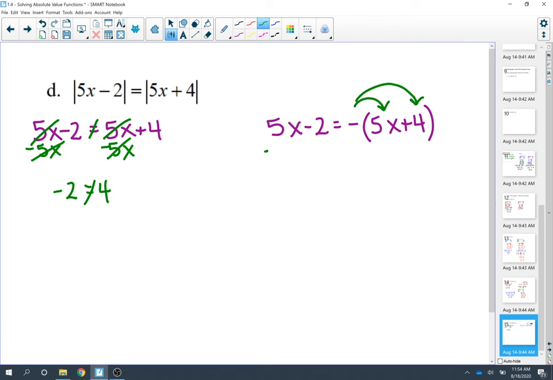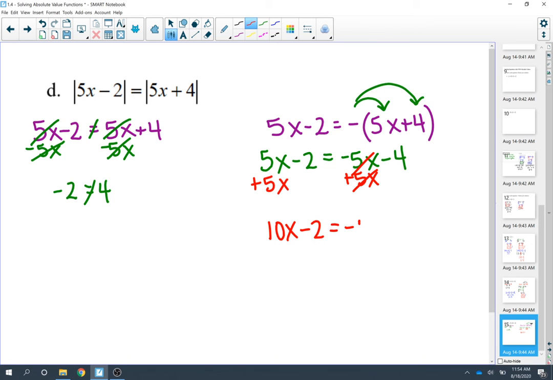On the left, I'm going to leave my 5x minus 2. On the right, I'm going to distribute my negative, so negative 5x minus 4. Then I'm going to get my variables on the same side, so I'm going to add 5x, which is going to leave me with 10x, bring down the minus 2, equals negative 4.